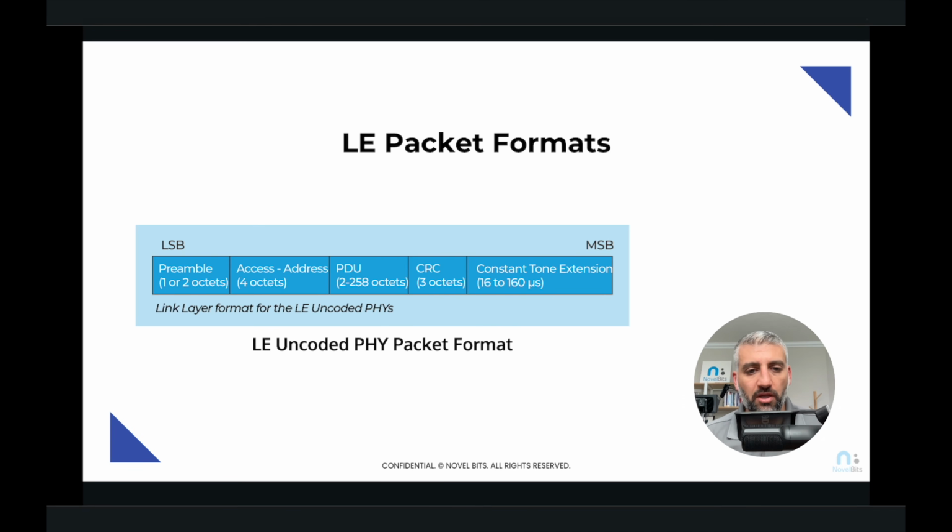But for now, the PDU is the protocol data unit. This is what will actually contain the application data that your application will be sending, as well as some header data that describes the length and includes other information, so that the receiver can parse it, know the length of that data, get to the CRC, calculate the CRC, and verify the integrity of the packet and request a retransmission in the case of connections.